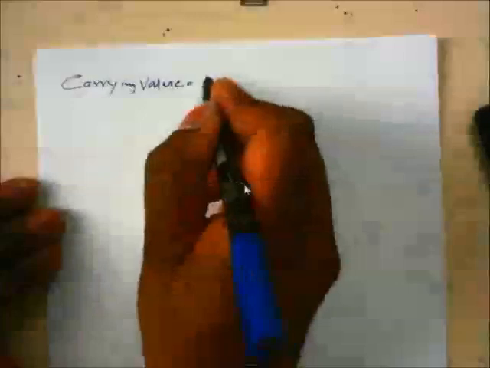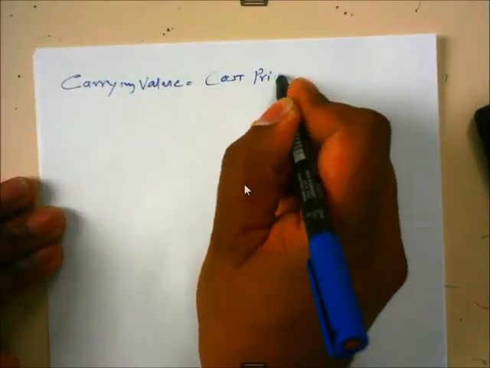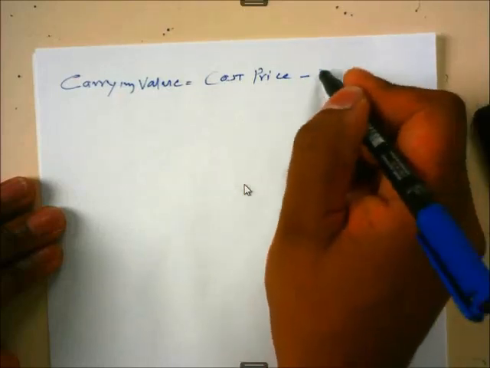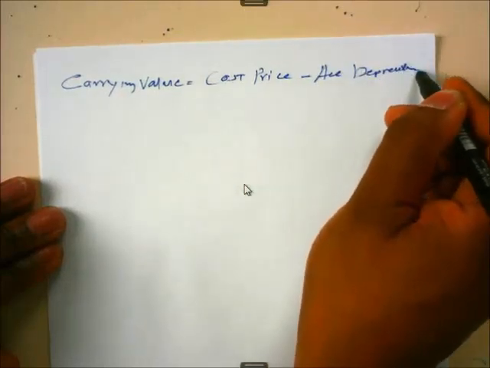Many of you are confused by the concept carrying value. Carrying value is actually cost price. When you calculate carrying value, you say cost price minus accumulated depreciation.